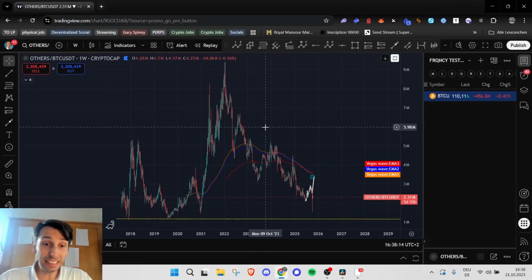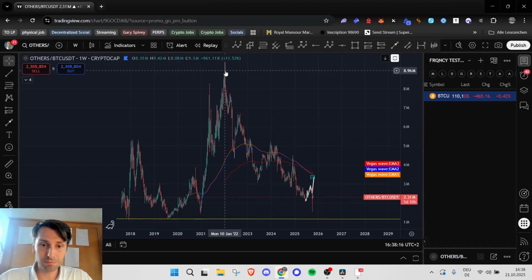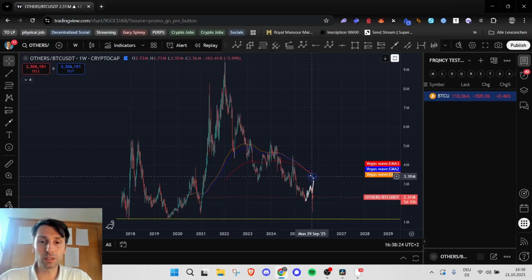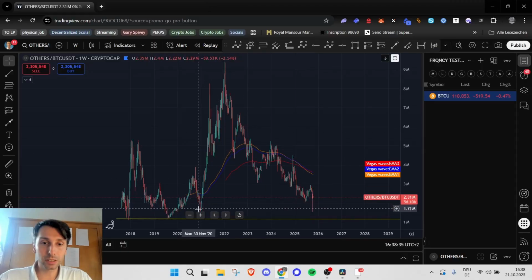As you can see, since this bull run, it's been basically down only. So Bitcoin has massively outperformed altcoins, and it's almost back to its all-time lows with this wick that happened.